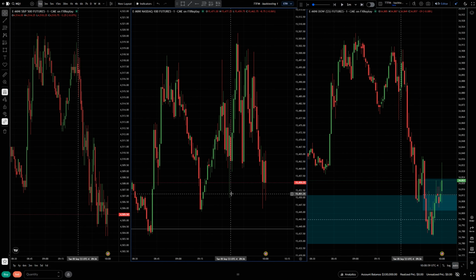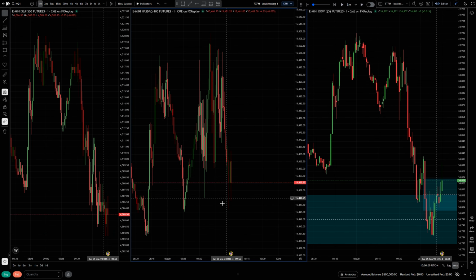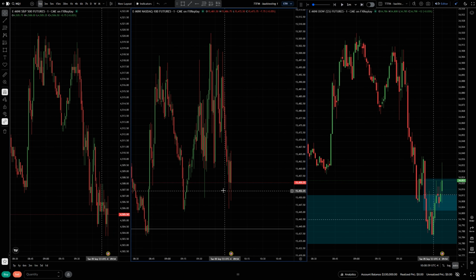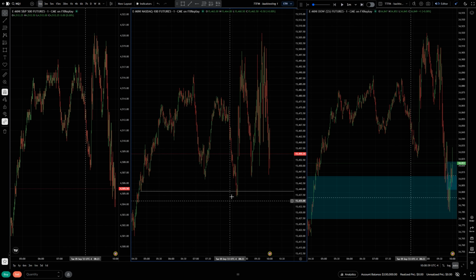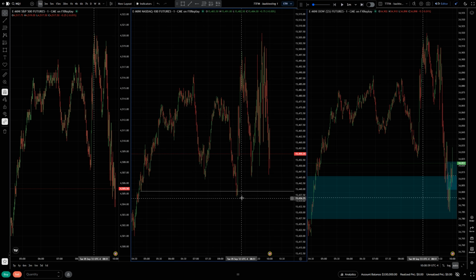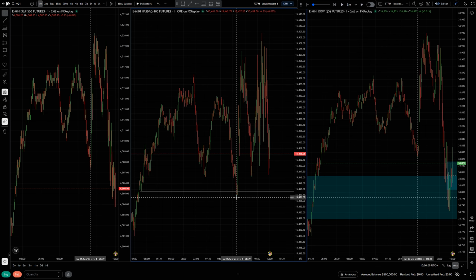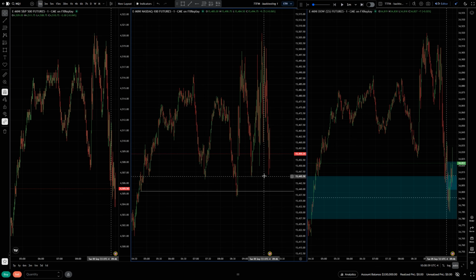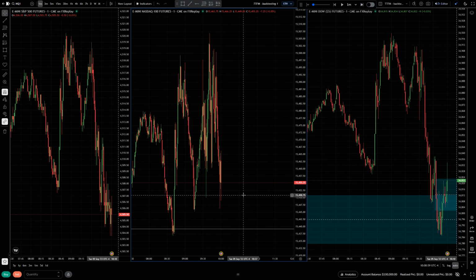So I'm gonna be waiting on that. NQ, I don't like the price action on NQ. NQ is just in a range. I would like to see this low get taken, even though we have SMT like this. I don't really like it.